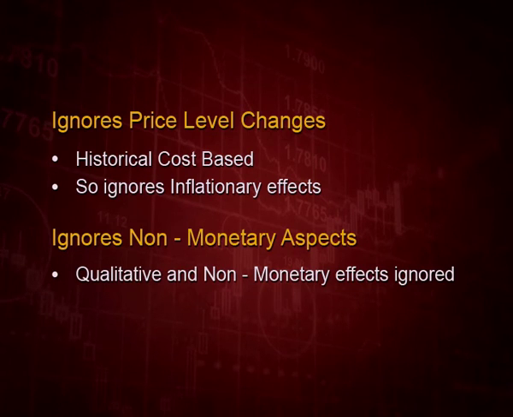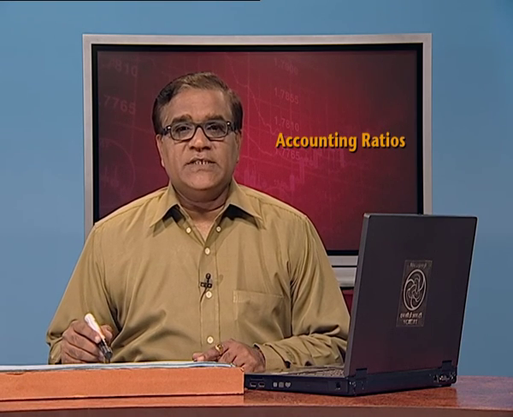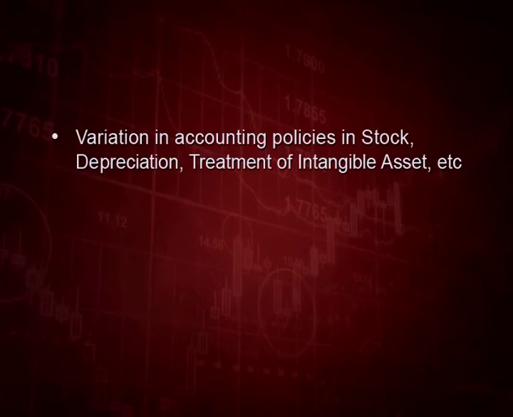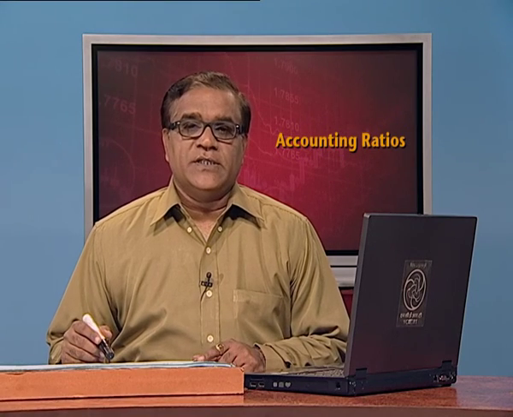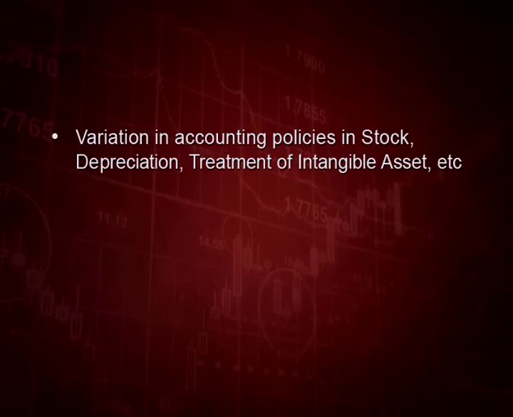We only record monetary things in accounting, so the qualitative and non-monetary effects are ignored in ratio analysis also. Next limitation is there is a variation in accounting policies for stock valuation, depreciation and treatment of intangible assets, etc. So, they also affect the ratio analysis part.